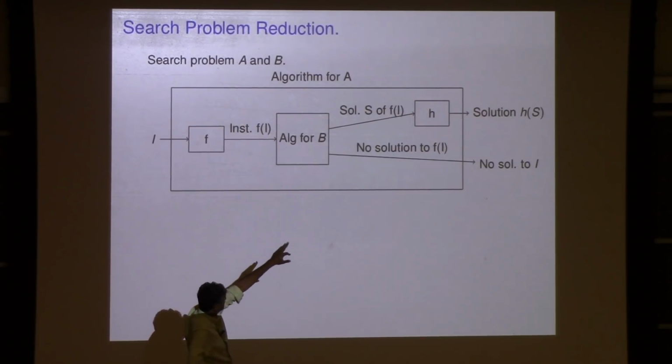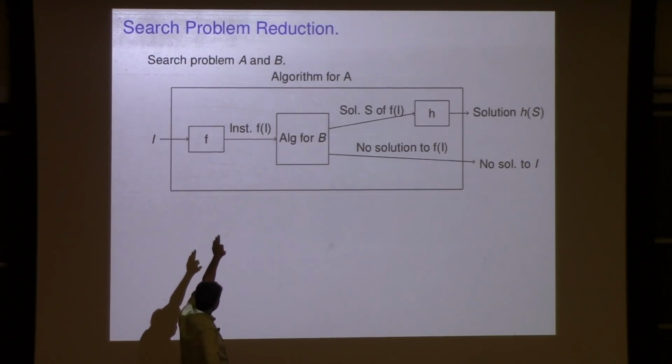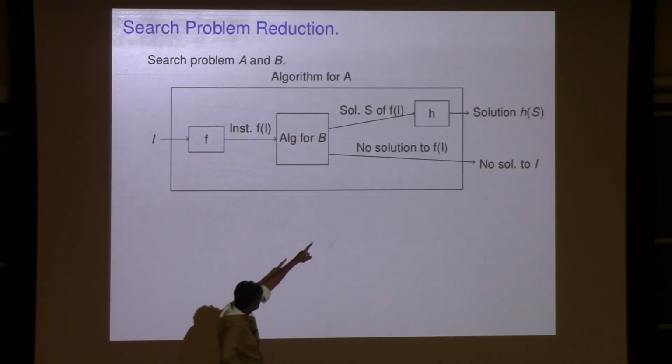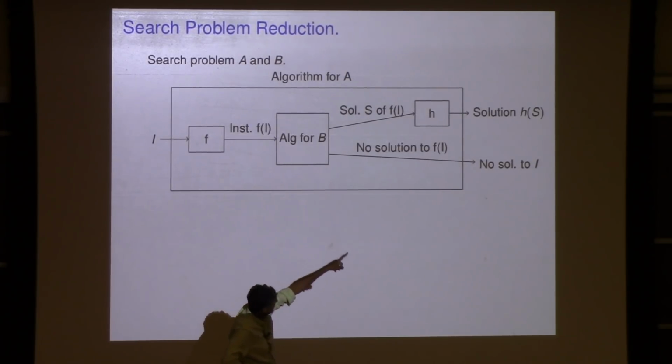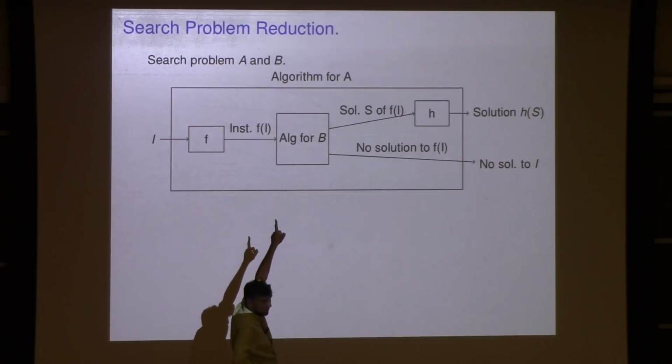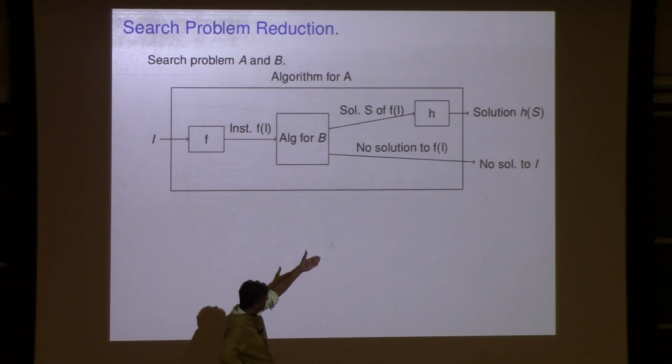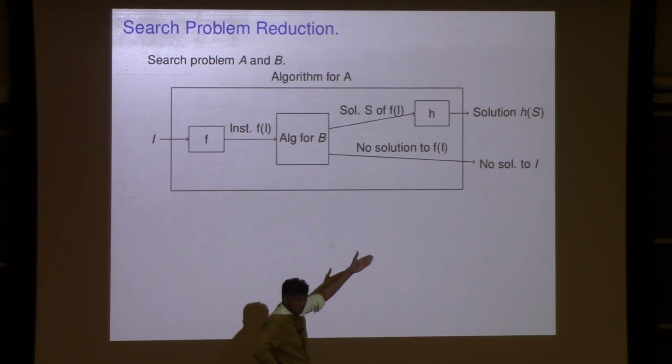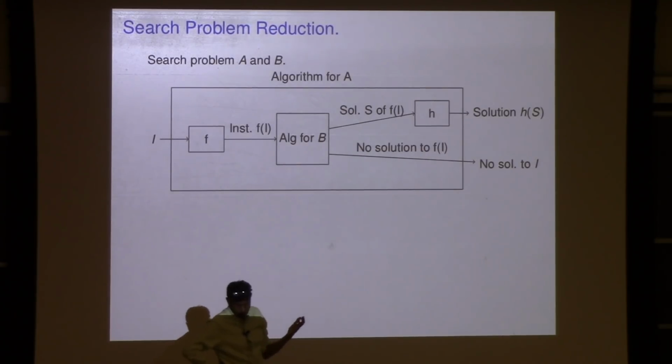It either gives us a solution to the instance it got handed, and then you translate that solution back to a solution for the input for algorithm A. Or it could answer there's no solution. And if it answers no, there should be no solution to this instance I. It's just a subroutine.